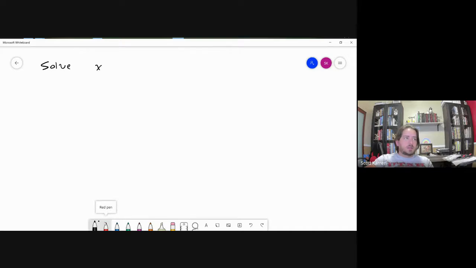Let's do x squared minus 4x minus 5 is less than 0. Well, on the left-hand side, I can graph this, or I can factor this. This factors down to x minus 5 times x plus 1.